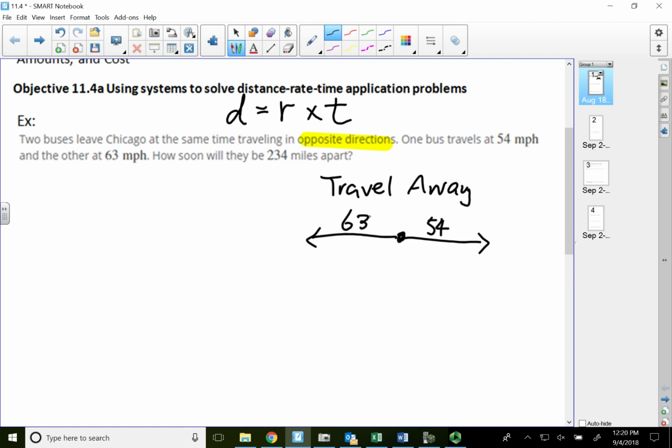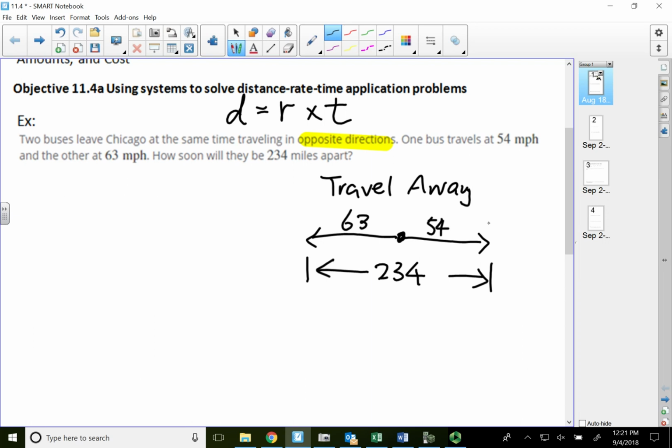What the 234 miles means is that both buses leave at the same time and travel so long, then let's pretend they stop. The distance that both buses traveled together is going to be that 234 miles. The bus that goes faster will travel more distance, and the bus that goes slower will travel less distance.